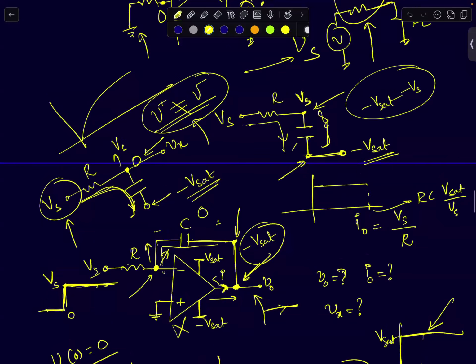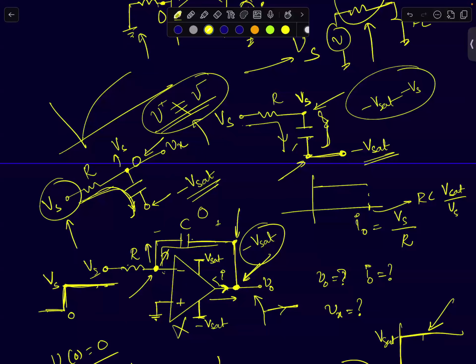So the current that the opamp is supplying will initially be Vs by Rs, then it will slowly keep decreasing and go to zero. It will be an exponential discharge with a time constant of RC.